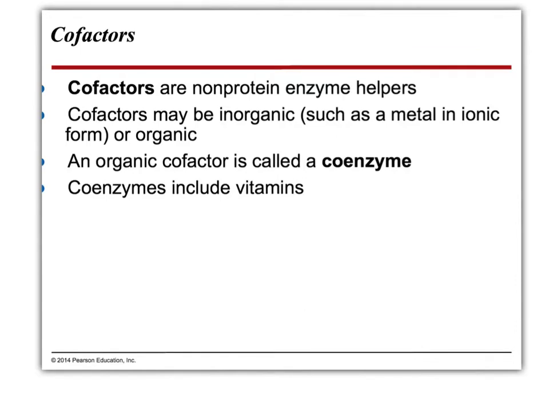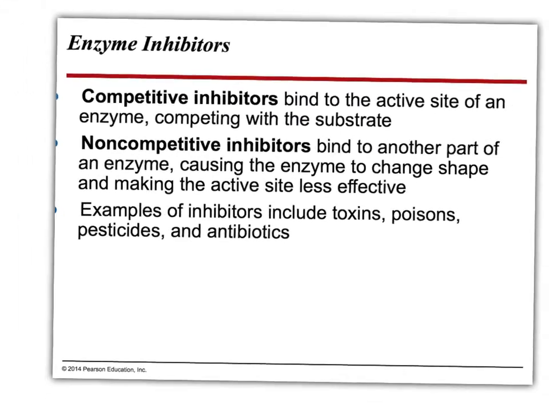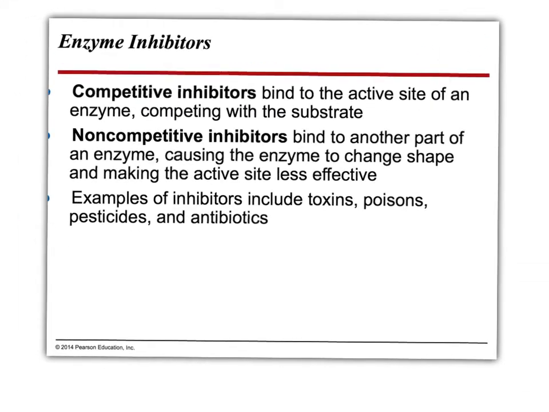Coenzymes include vitamins A, D, E, K, all the B complex vitamins, etc. And so vitamins are coenzymes that are organic cofactors. So cofactors enhance the ability of an enzyme or increase the enzyme's activity. On the flip side, you can also inhibit the action of an enzyme.